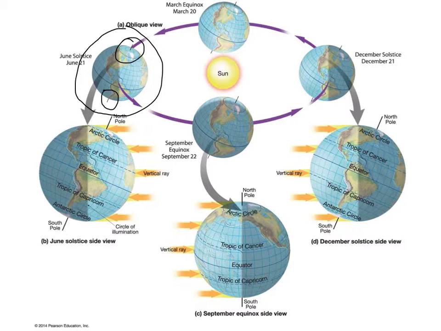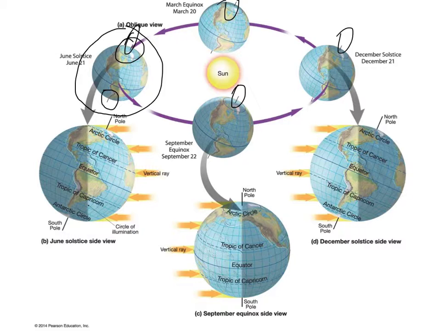Okay, in addition to the length of day that changes, you also have different types of rays that emanate from the sun, in regards to the placement of the Earth. So the Earth always maintains what we call parallelism, meaning that its axis always points to the same spot.